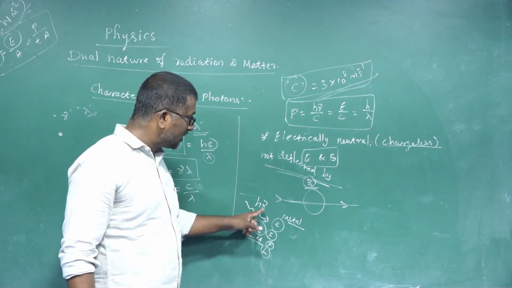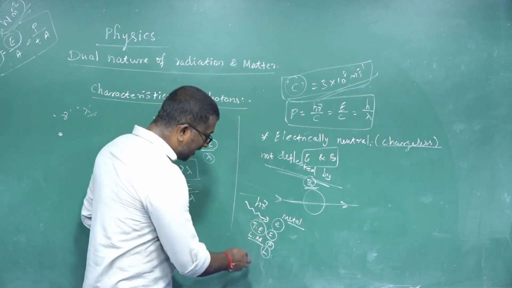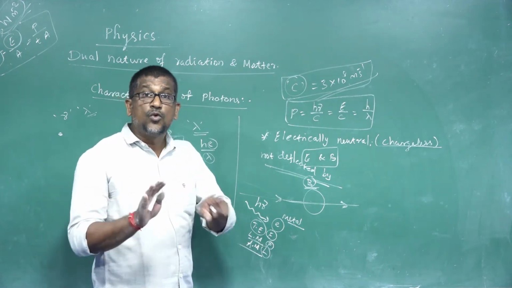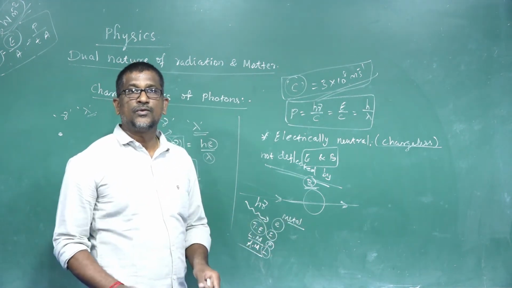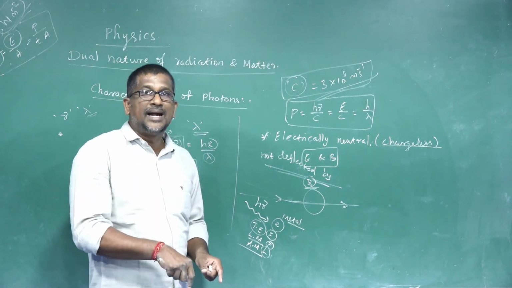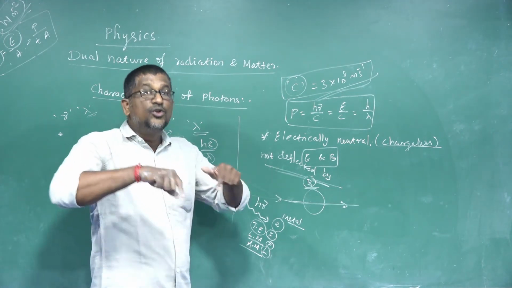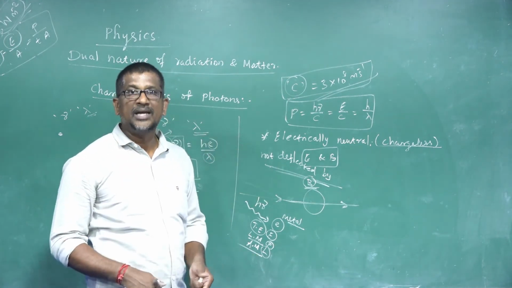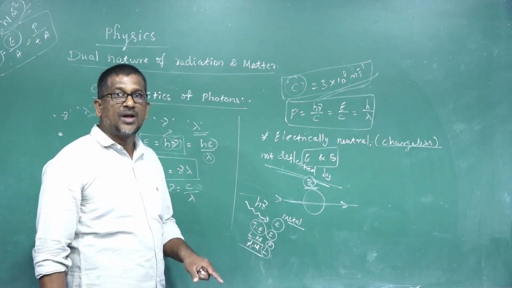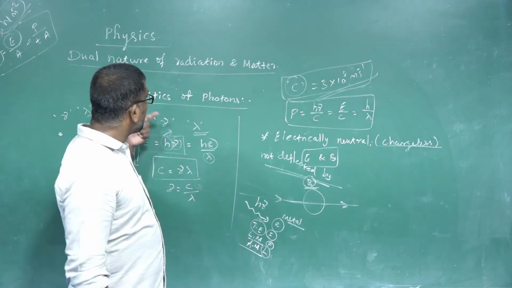Whenever a photon interacts with matter, the total energy, total linear momentum and total angular momentum are conserved, but the total number of photons cannot be conserved, because the photon may be absorbed by matter or a new photon may be produced. So these are the properties of a photon.